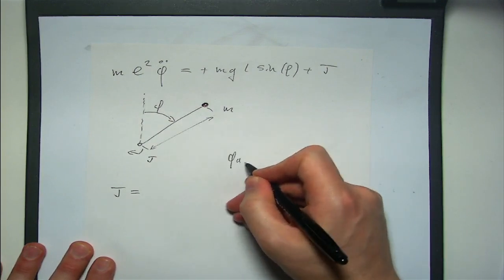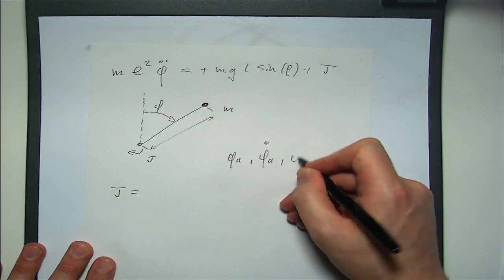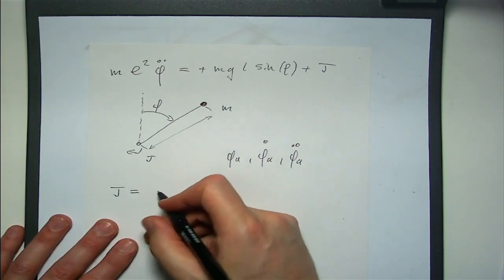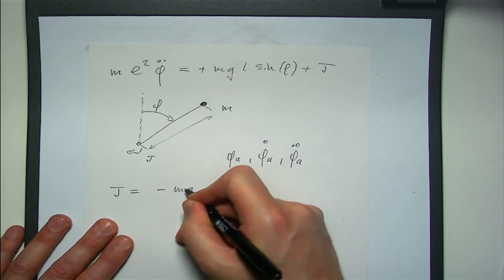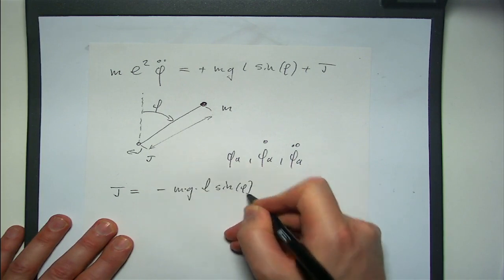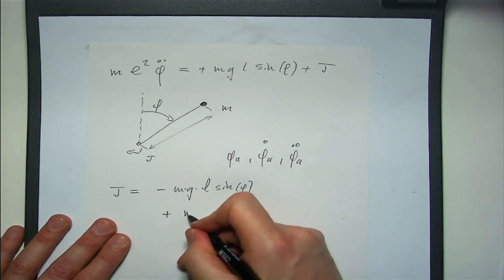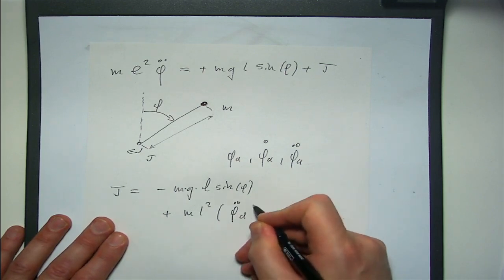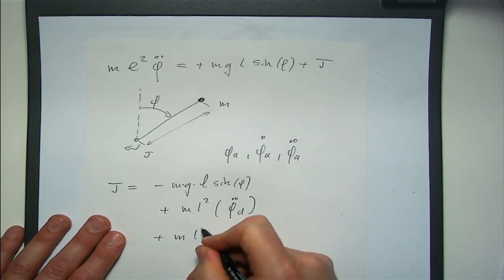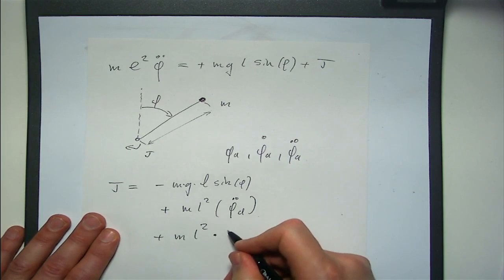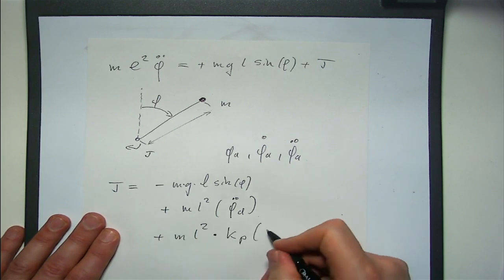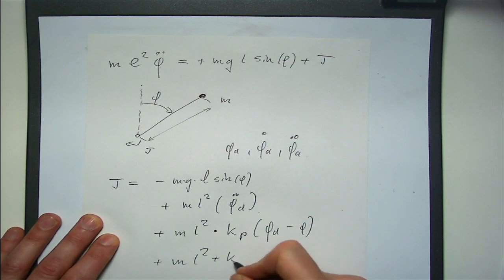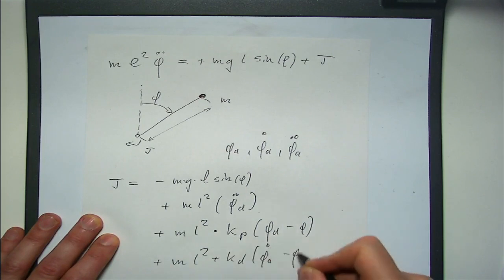If we had a demanded phi d dot and phi d double dot, we could easily create a controller which cancels the nonlinearity, that one there, sine of phi, plus ml squared times phi d double dot, plus ml squared times kp, a negative feedback, phi d minus phi, plus ml squared times kd, which is phi d dot minus phi dot.